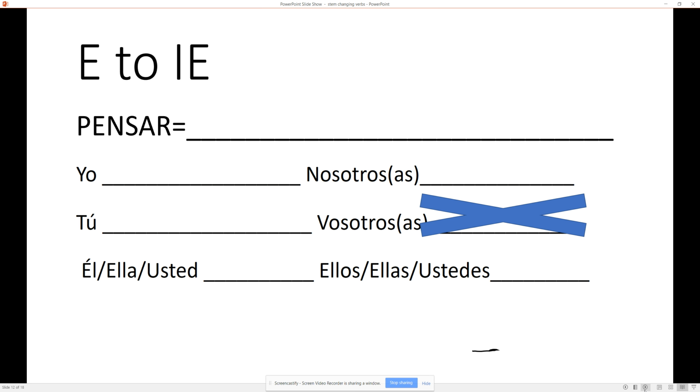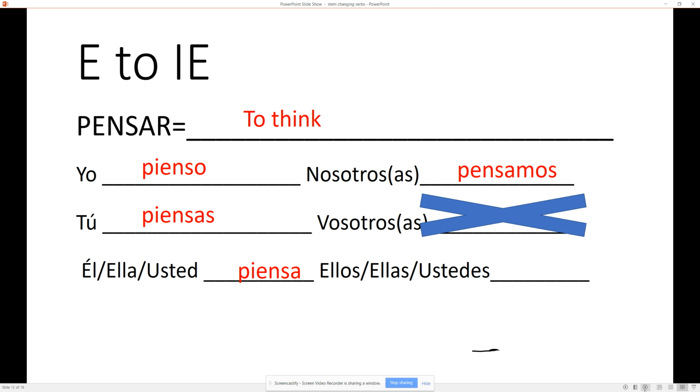Now, most of these stem changing verbs, for example, E to IE, are actually going to be in this category. So pensar is the word to think. And students might see that in the word pensive. So someone who is thinking is pensive. Yo pienso, tú piensas, él piensa, nosotros pensamos, and piensan.